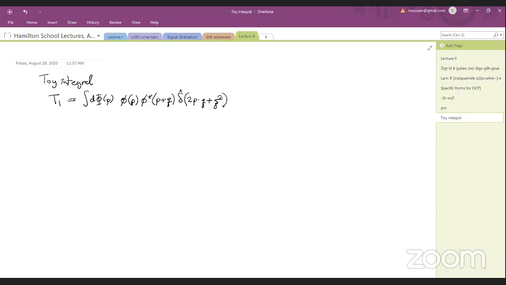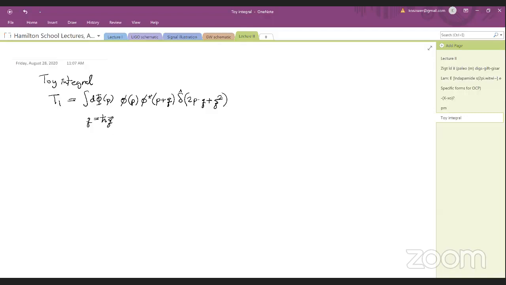So we're going to plug in our exponential. We have an explicit form for phi of p. And I'm also going to jump the gun a little bit and change variables to our wave number variable. And we'll see a posteriori why it makes sense.